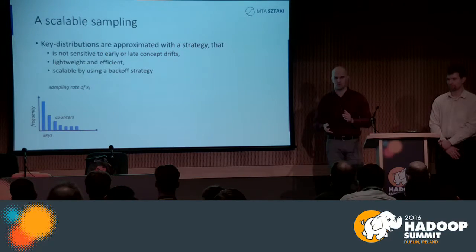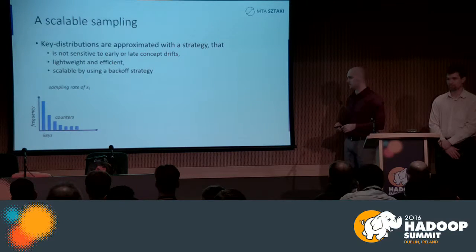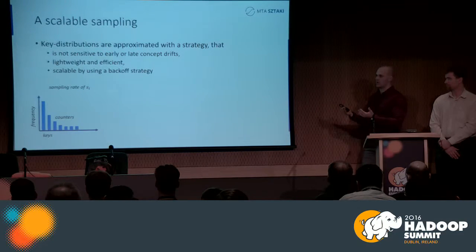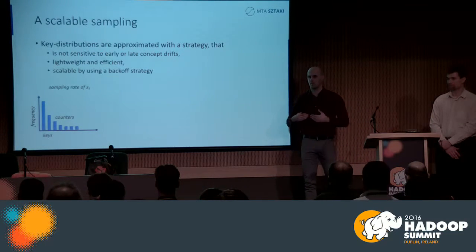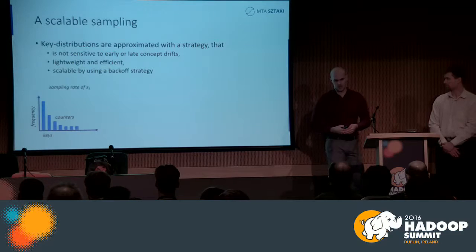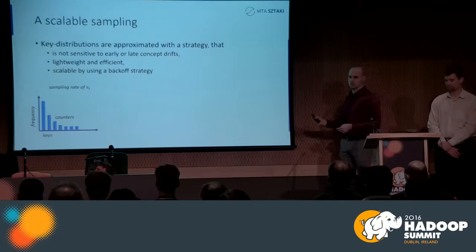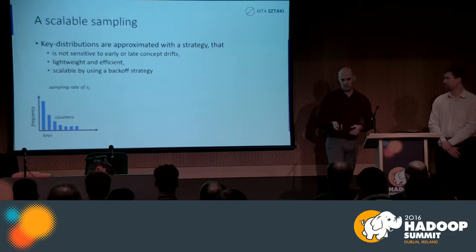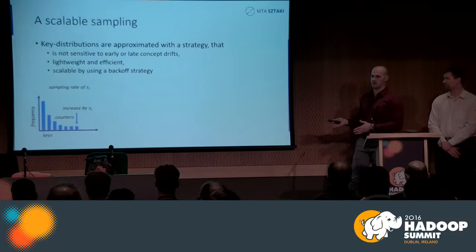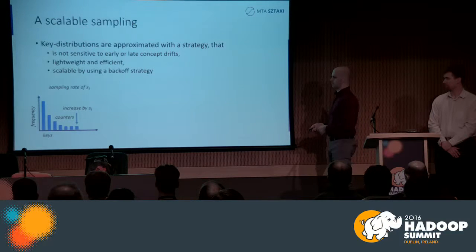It is going to be 1.0 in the first place, which means I'm going to record each key. So I'm going to update the counter for each key whenever I throw the dice and find that I'm under the sampling rate. If that happens, I'm going to increase the corresponding key's counter.